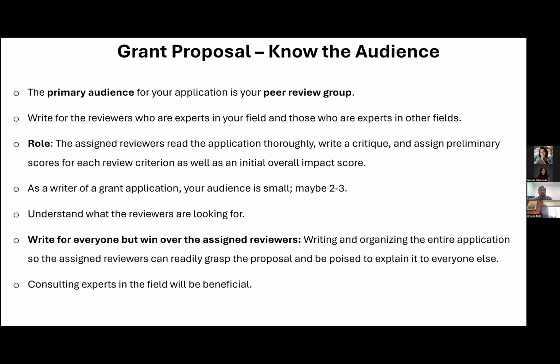Another important thing, very key thing. Your audience for your grant application is a peer review group. Usually in NIH or a standard centralized research facility, there will be three reviewers reviewing your proposal. Okay, reviewer number 1, 2, and 3. These three people determine whether our grant is eligible for funding or not.